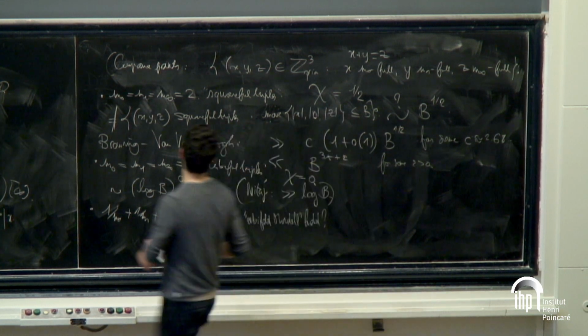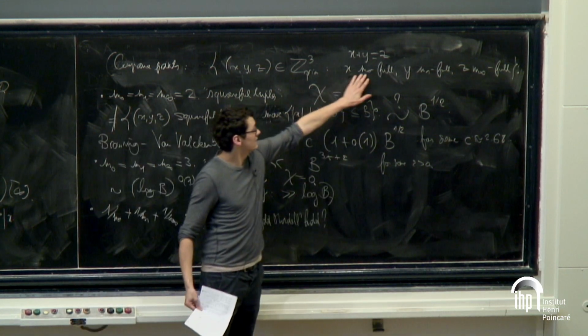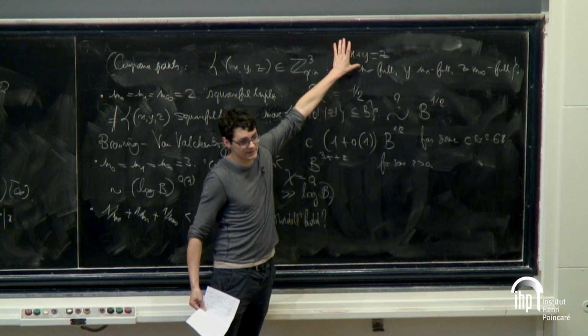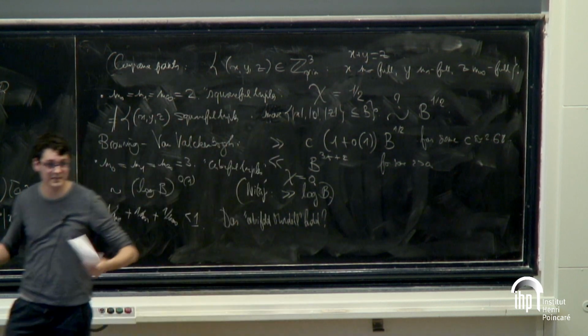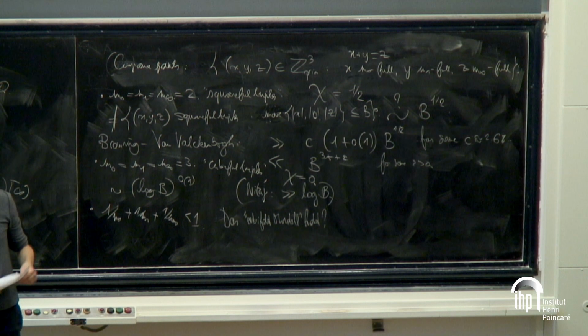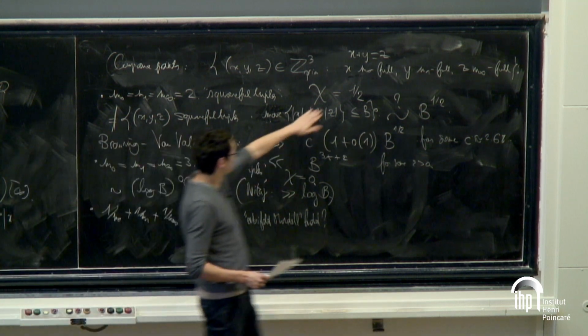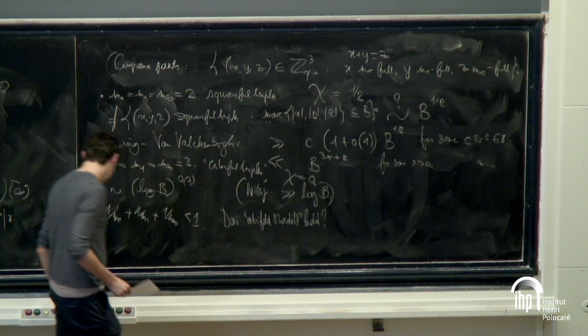In particular, can we prove that these sets of x, y, and z satisfying these constraints are finite sets for such choices of m0, m1, and m infinity?